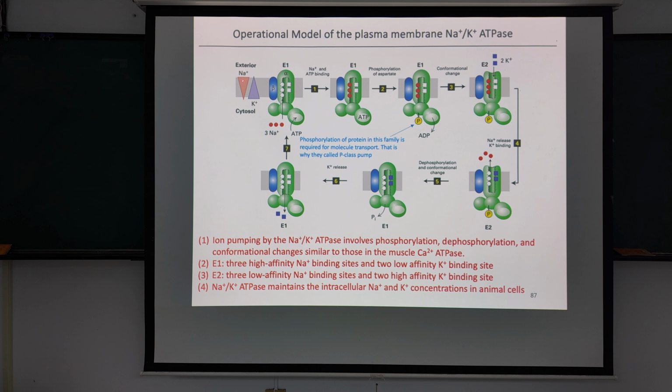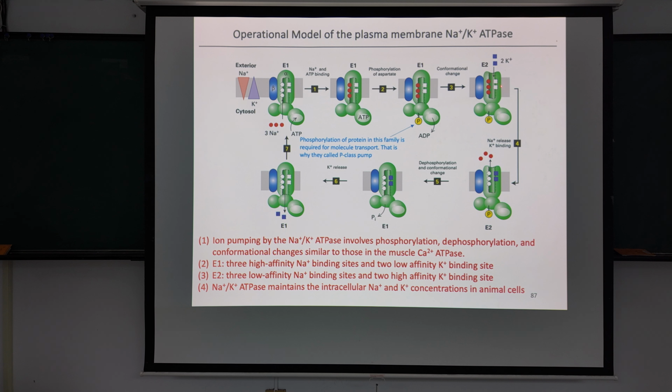So it can transport sodium to this side and potassium to this side. In this sodium potassium ATPase, they have a sodium and a potassium binding site. In the E1 conformation, they have a stronger sodium affinity and lower potassium affinity, okay? And ATP hydrolysis happens, phosphorylation happens, and it changes to the E2 conformation. In the E2 conformation, they have a lower sodium affinity but higher potassium affinity.